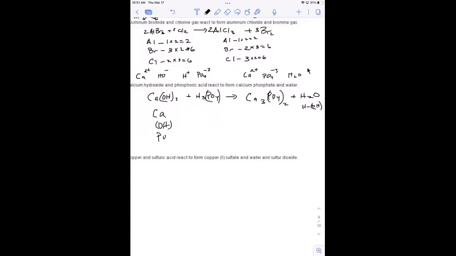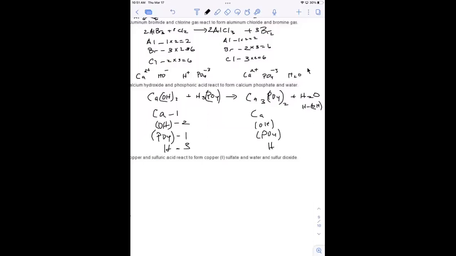We're going to keep the PO4 together and then H. And over here, we're going to have the same thing, calcium, OH, PO4, and H. So over here, we have one calcium, we got two OHs, we got one PO4, and then we have three H's.